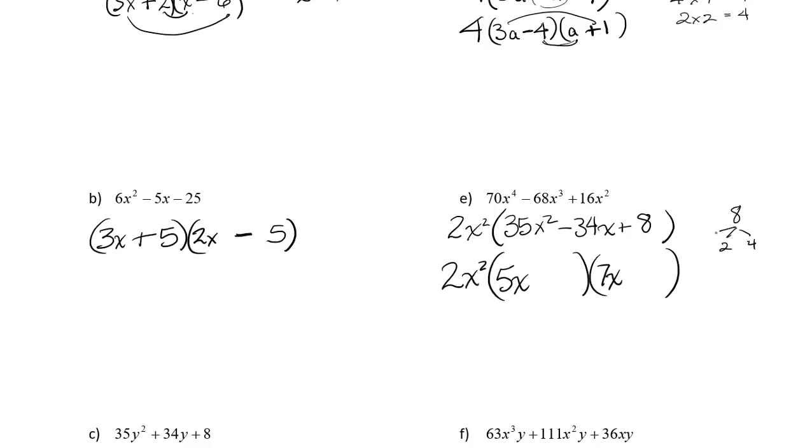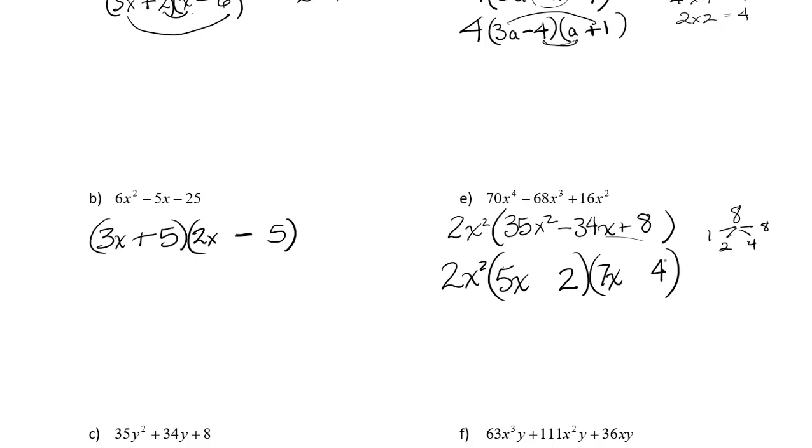So don't start with 1 and 8 unless the numbers in your trinomial are extremely far apart from each other. And so I'm going to try 4 and 2. I'm just trying it. It might be wrong, and then I'll change it.